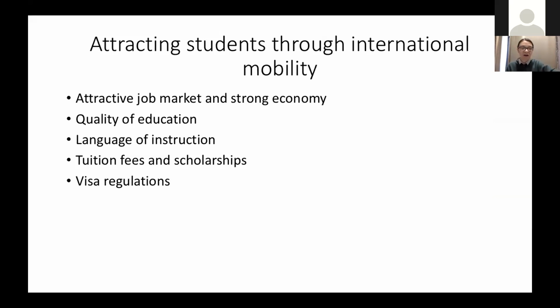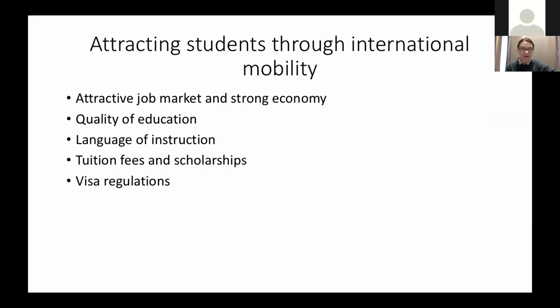Another important pull factor and mechanism for countries to attract talented students is language policy and language of instruction. For some non-English speaking countries, for example China as well as Russia, this is one of the barriers for attracting talent.